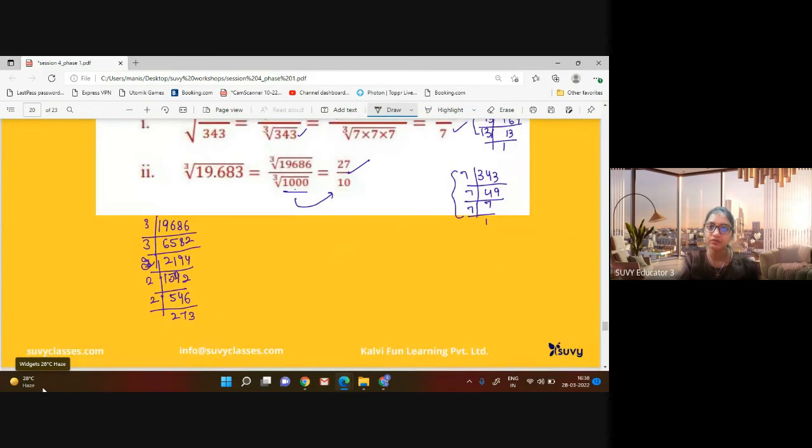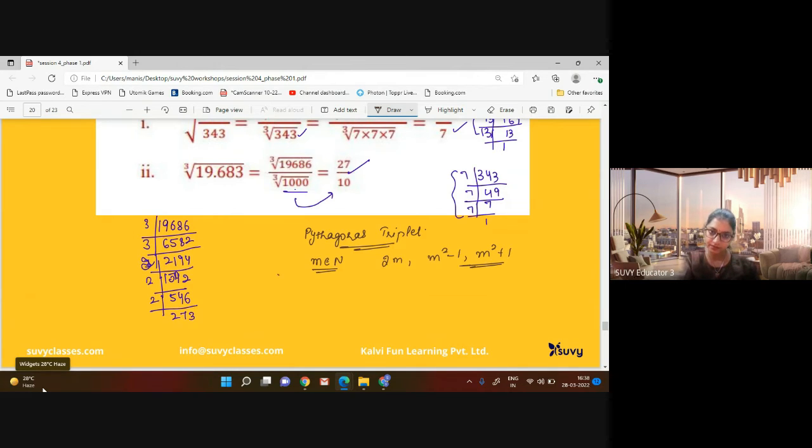And one more thing I want to teach you is how to take a Pythagorean triplet. So just have a look. For any m belonging to the natural numbers, 2m, m squared minus 1, m squared plus 1 is a Pythagorean triplet.